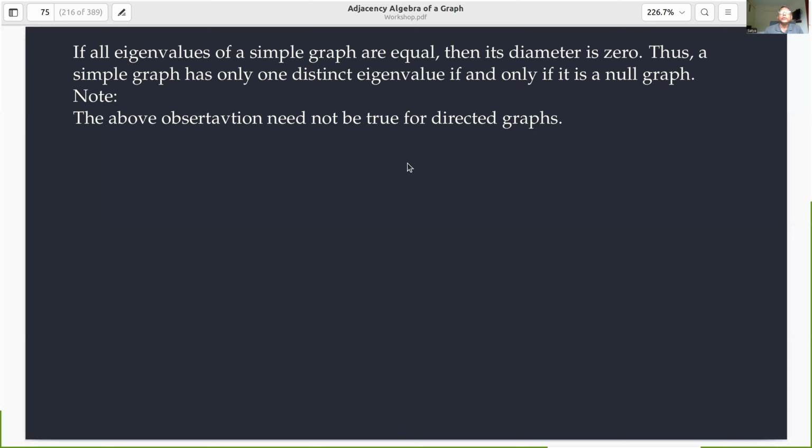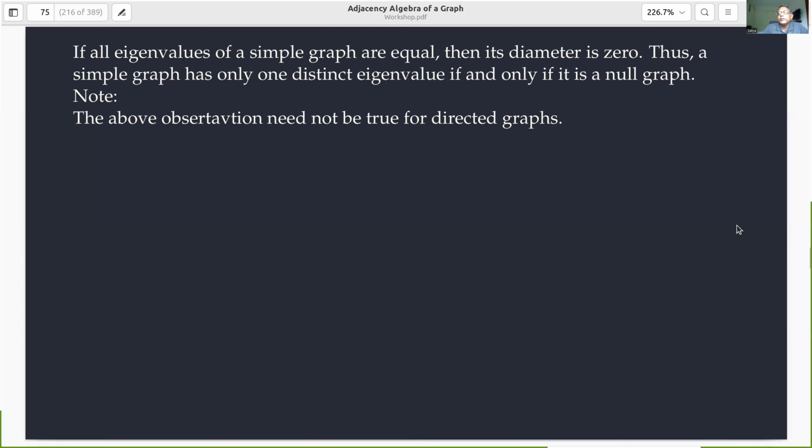So if a graph has only one eigenvalue, then that has to be a null graph. If it is a null graph, then automatically the eigenvalue is 0, right? So it is an if and only if condition. If a graph has only one eigenvalue, then that has to be the empty graph only, meaning isolated vertices.